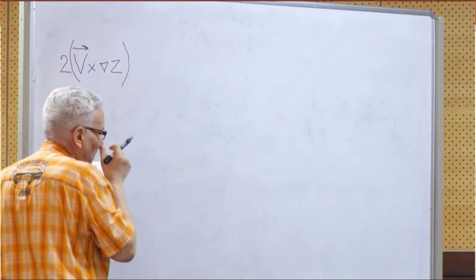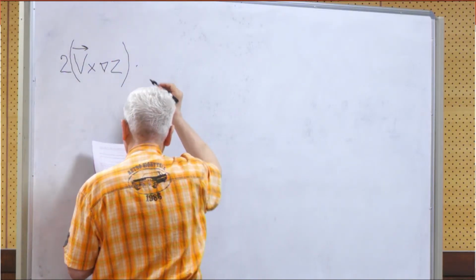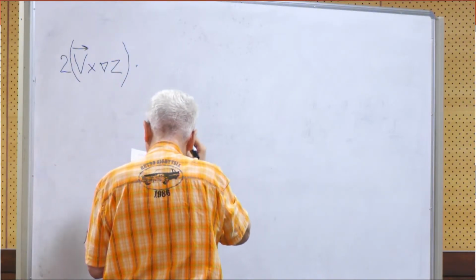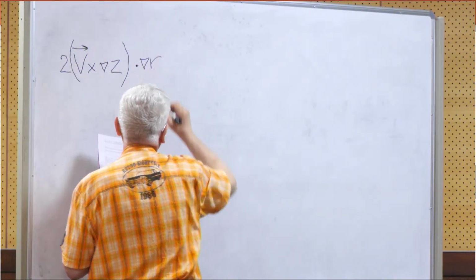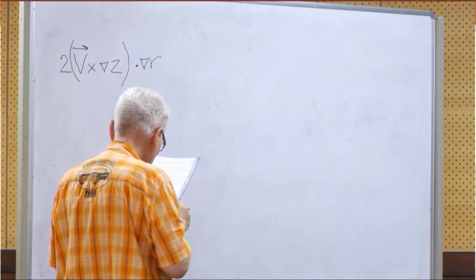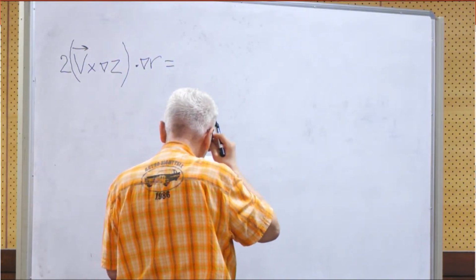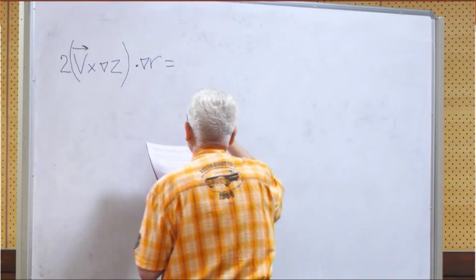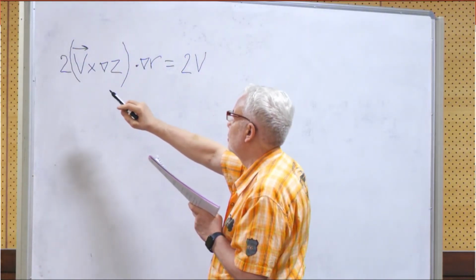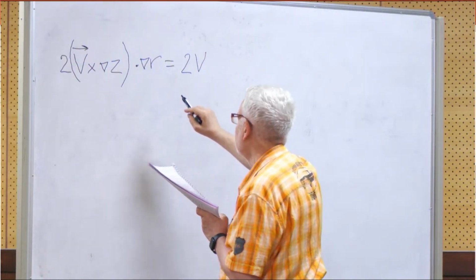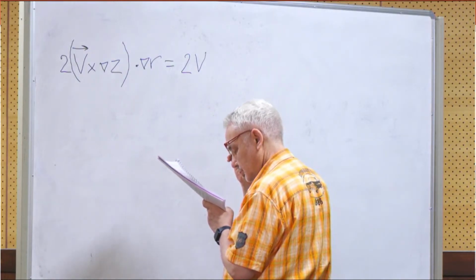To get the radial component, we simply scalarly multiply by grad r. So then we could proceed this way. Now I'm only speaking about the radial component of the Coriolis force.